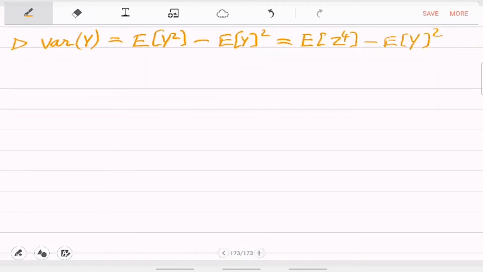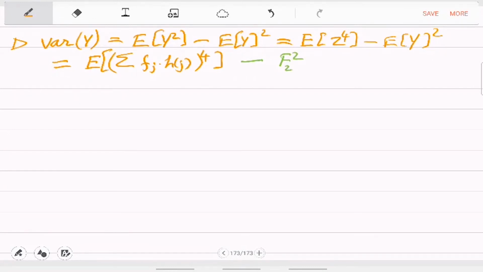So expectation of z to the 4 is a complicated thing. So this is sigma fj hj to the 4 minus expectation of y we have calculated, that's f2.